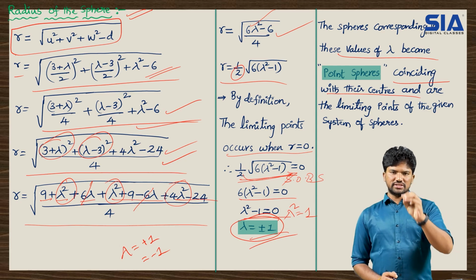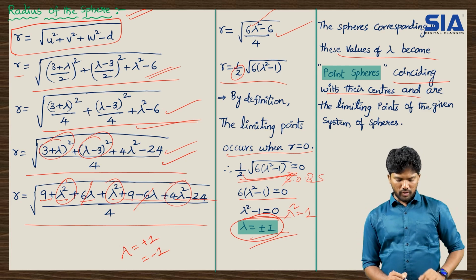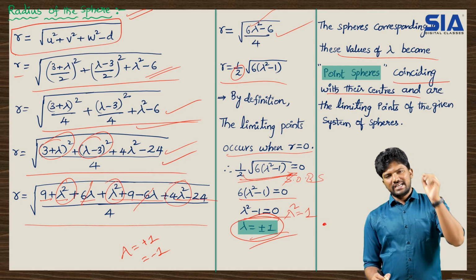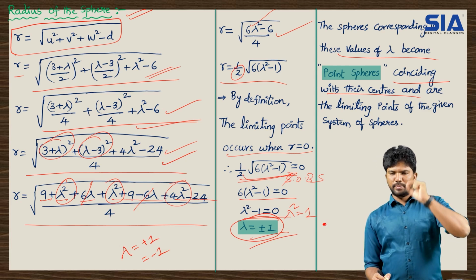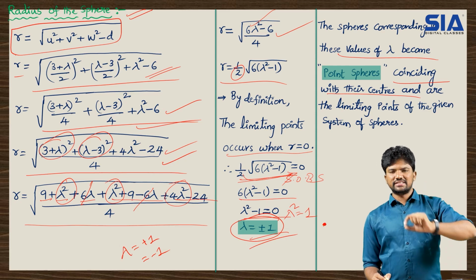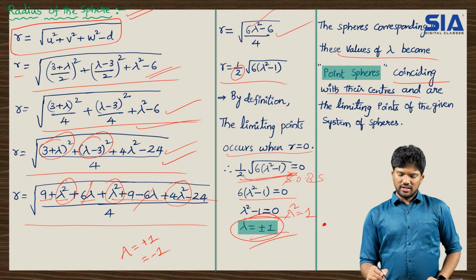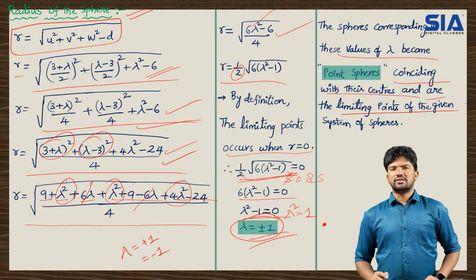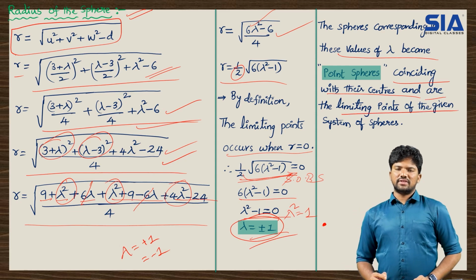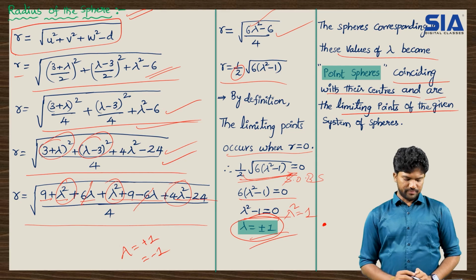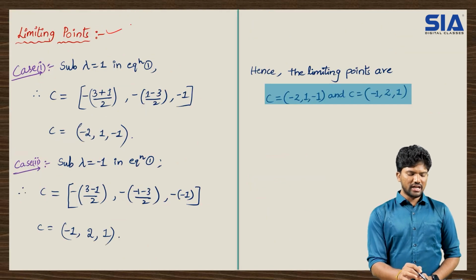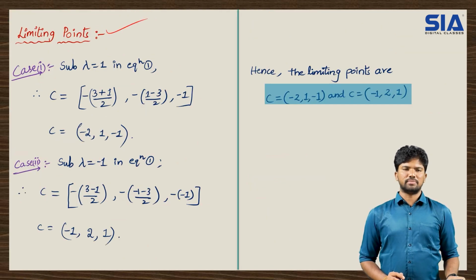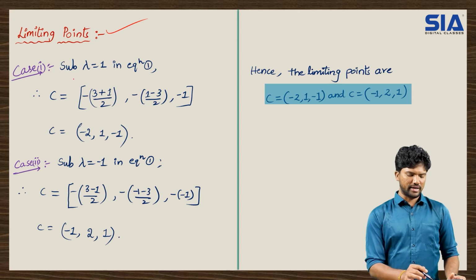A point sphere is nothing but just a point only. The center also coincides with the sphere, so the radius is equal to 0. Those types of points are called limiting points of the given system of spheres. So now you can see the limiting points. Substitute lambda is equal to plus 1 and lambda is equal to minus 1.